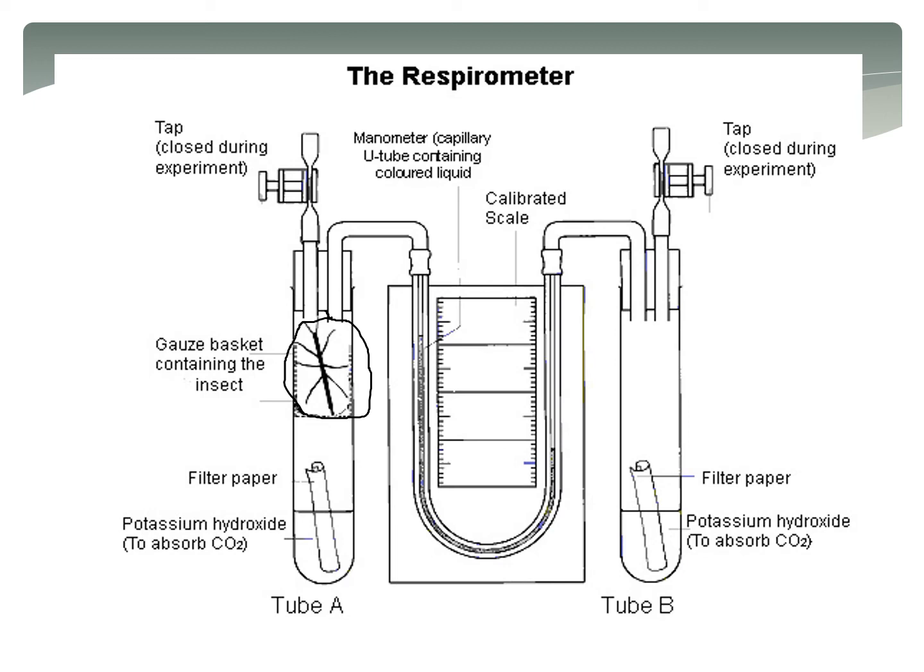So every time the carbon dioxide is absorbed, the liquid is going to rise up. You should then get an uneven scale, with the liquid coming towards your insect, because there's nothing in this chamber. This chamber acts as a control, so it proves that the insect is having the effect.